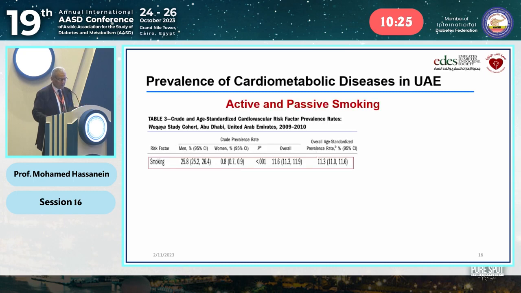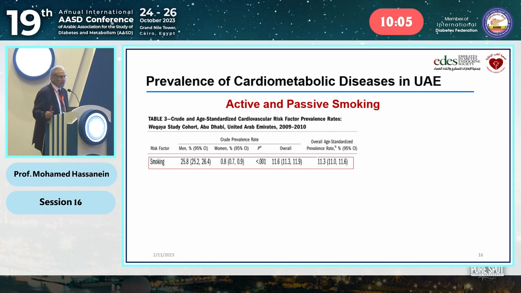We have developed cardiometabolic guidelines, and we are concerned about passive smoking. And unfortunately in Egypt, passive smoking is the norm. You do not go to a restaurant and find this is the smoking area and this is the non-smoking area. No, smoking is the norm.